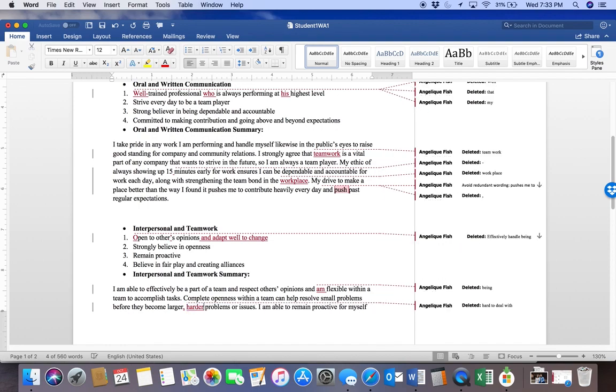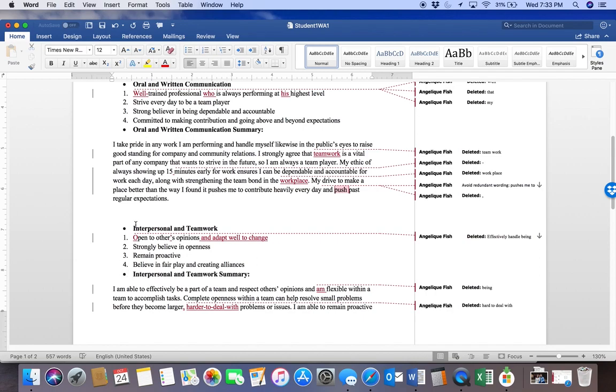So harder to deal with problems or issues. So you can be a part of a team, respect others' opinions. So I am flexible. Again, it's not providing a lot of detail on the summary as far as how this person does it.